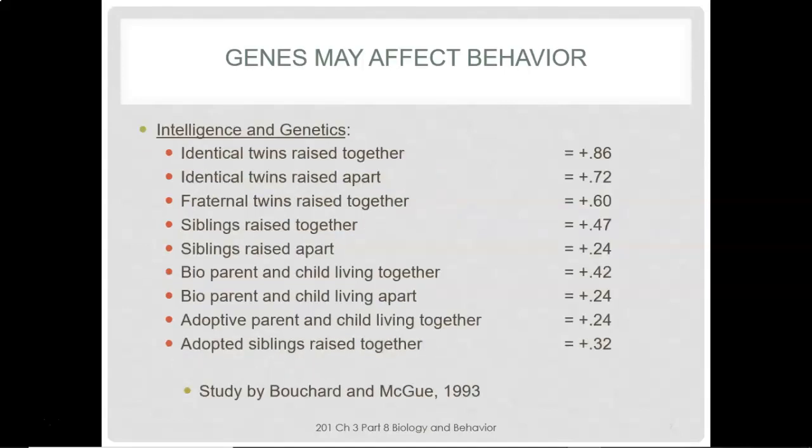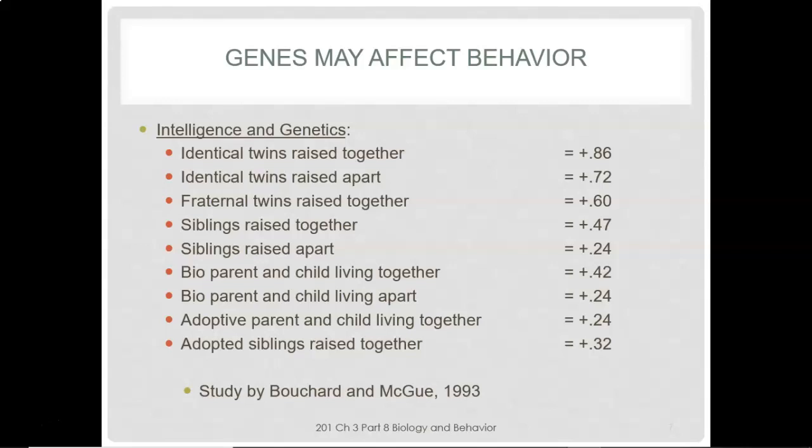So I think a great example of this is looking at intelligence. Intelligence is very influenced by our genetics. You're not going to have a smart kid with two less intelligent parents. There's a correlation.